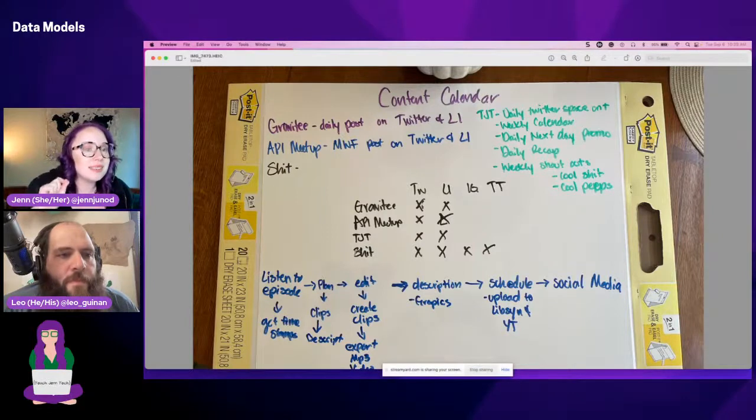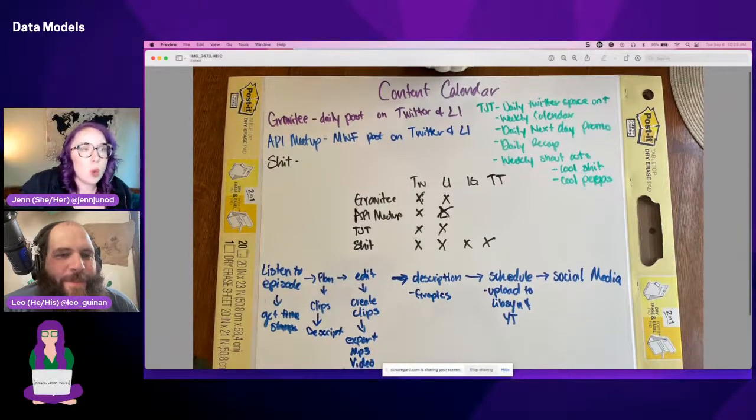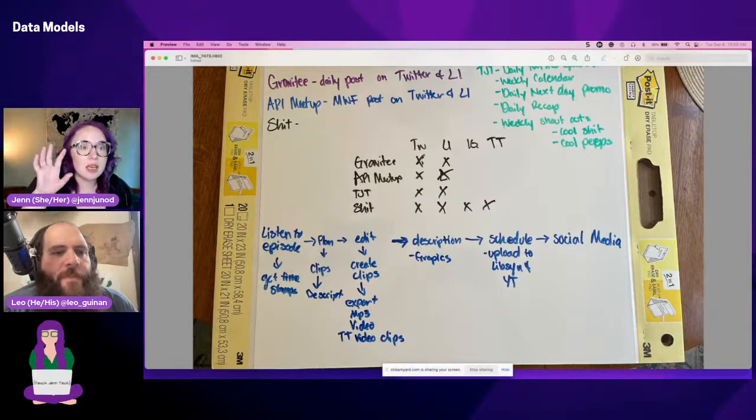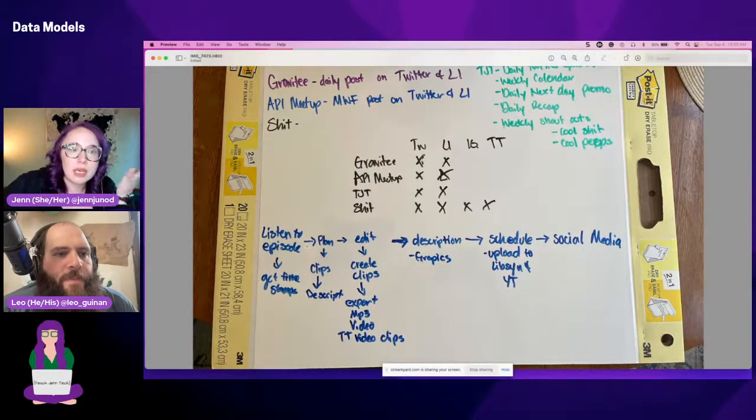What I was really stuck on, and I'm currently not doing yet, is after I record an episode, what do I do with the podcast? Because live streaming is pretty easy, but I'm so stuck on how to create that data model for the podcast. What do I do? How do I visualize this? How do I think through this?